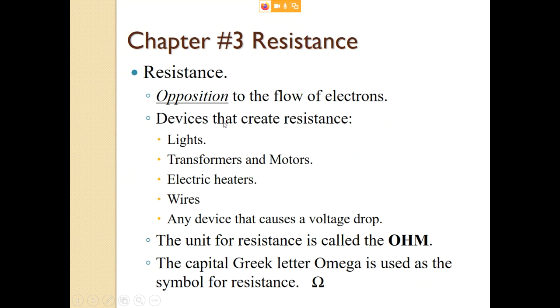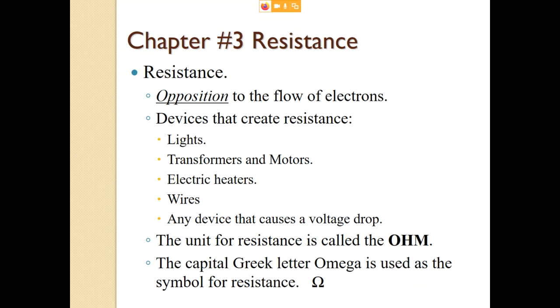Okay, and basically what resistance does is, when you get current flowing through something, that resistance is basically going to take that energy and convert it. Okay, now there's something Newton talked about, which was the conservation of energy.